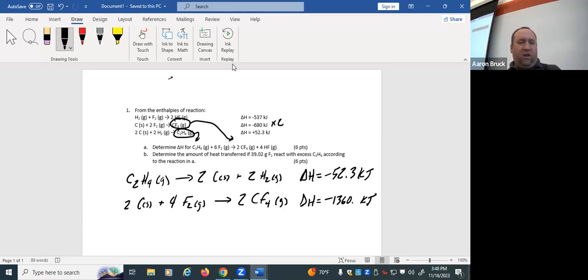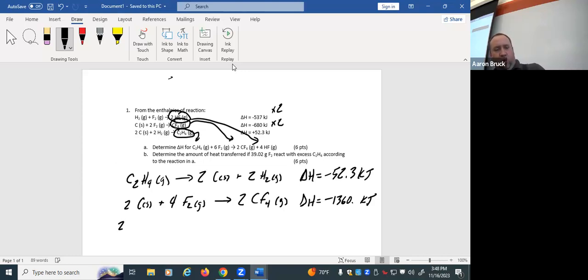And then finally, I need to look at HF. I see that I have HF here. It's on the right side of the equation, but it's suffering the same problem that the previous one was. I have half as much as I need. So I'm going to need to double everything.